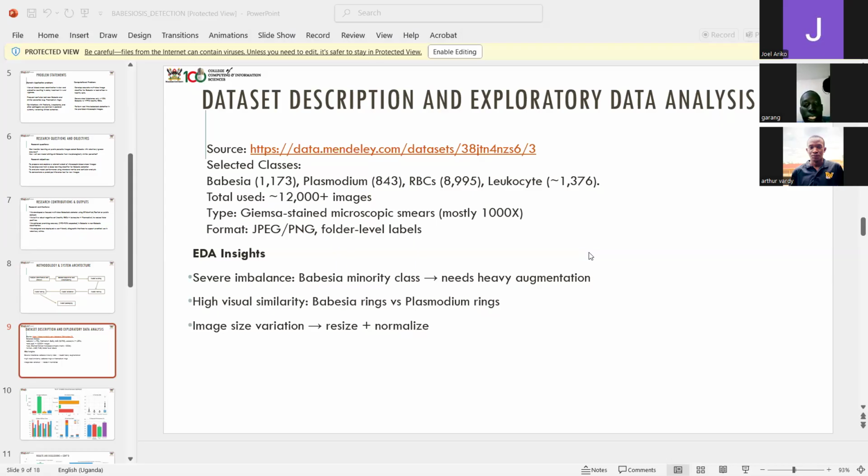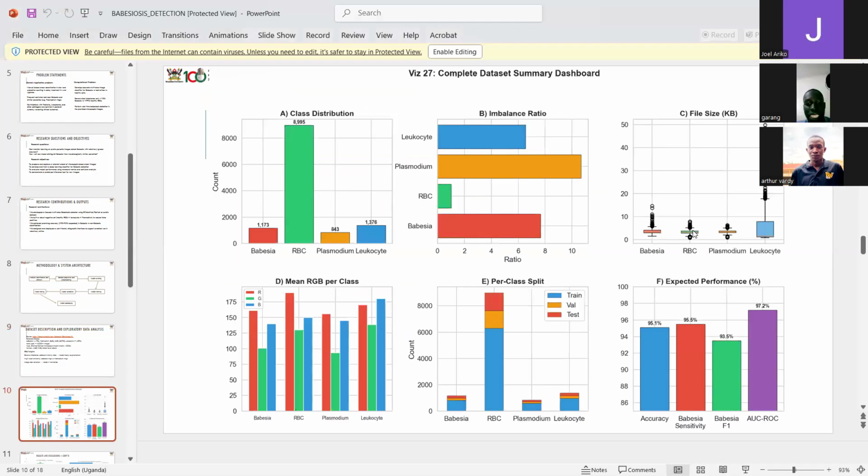So here we're comparing Babesia and Plasmodia rings since they are almost similar, so we have to find a distinction between them. Then image size variations: the images have different sizes. Let me hand over to my next group mate to present the next part.